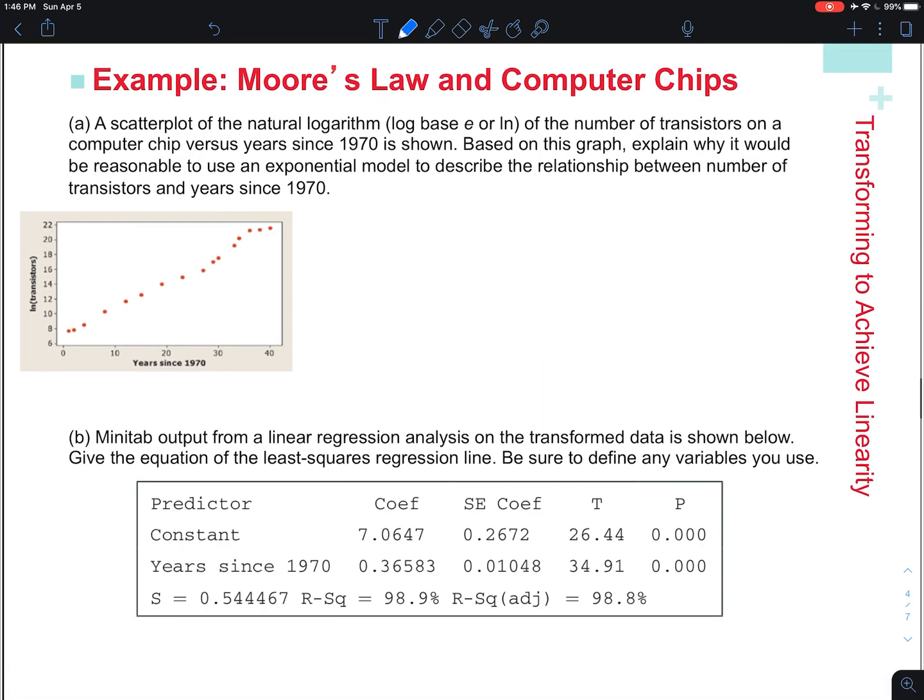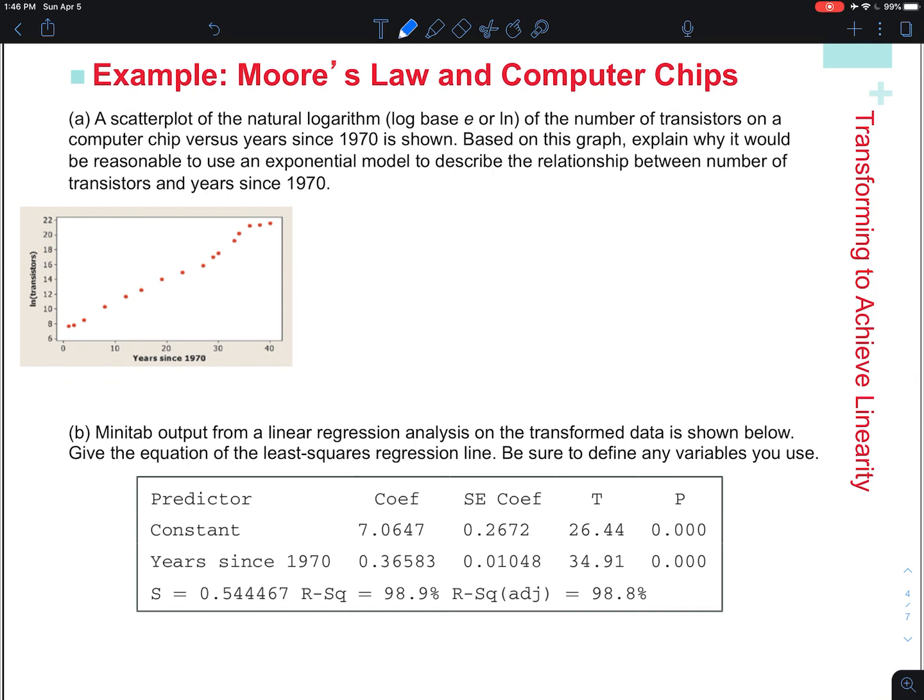To undo an exponential would be to take the log of y, and in this case it was natural log. But you could take common log if you wanted to try that. Here's a scatter plot of natural log, because it was exponential, and the inverse of the exponential is the log. So it's much more straightened out, which is great. That was what we were hoping for, and we're given the computer output there.